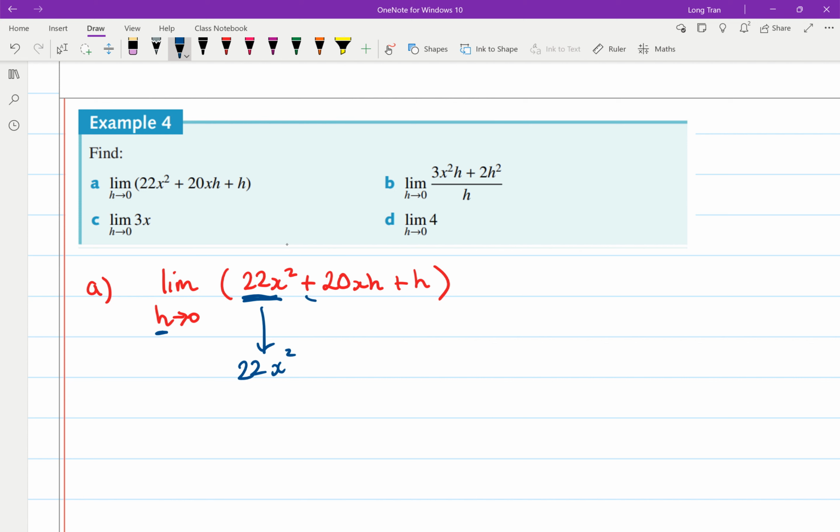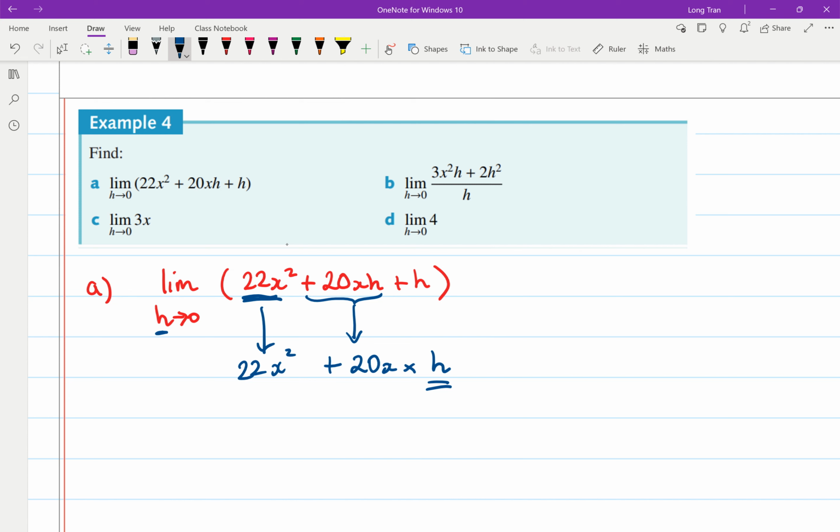But on the other hand, the second term, you're adding on 20x multiplied by h, and we're saying that h becomes a very, very small number. Now let's think about it. If you took the number 10 and you times it by 5, or by 4, or by 3, or by 2, what's happening to the number? It's getting smaller.